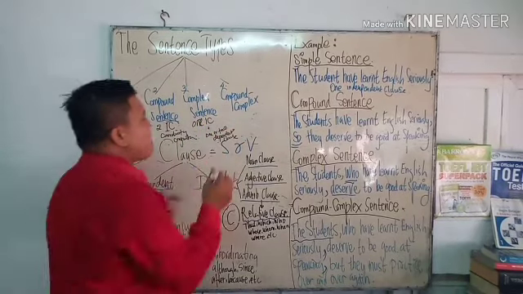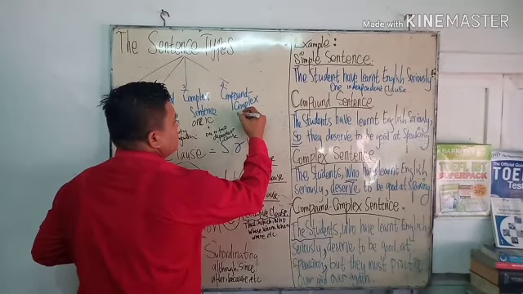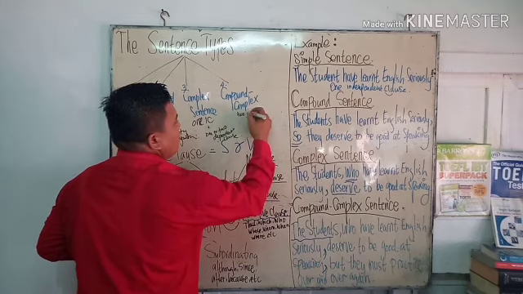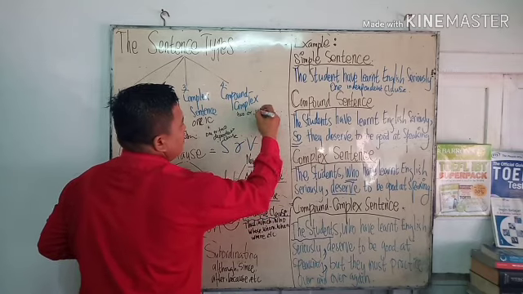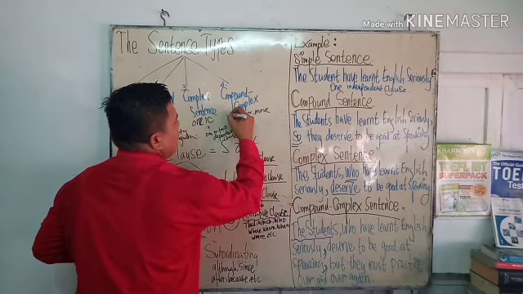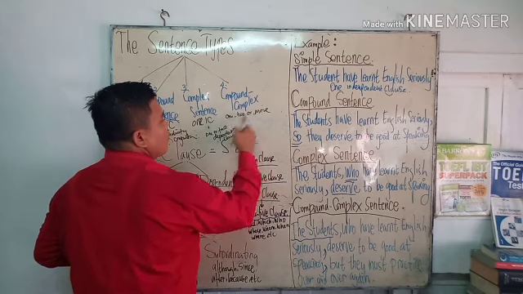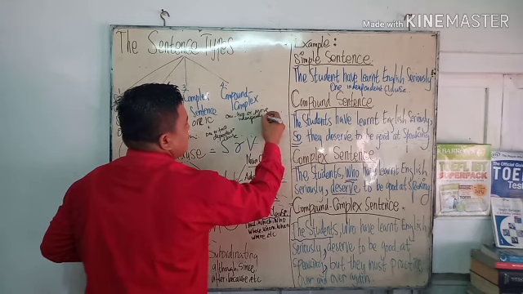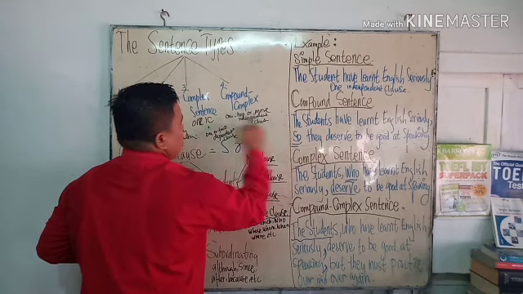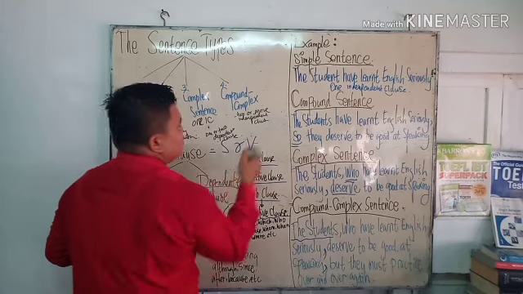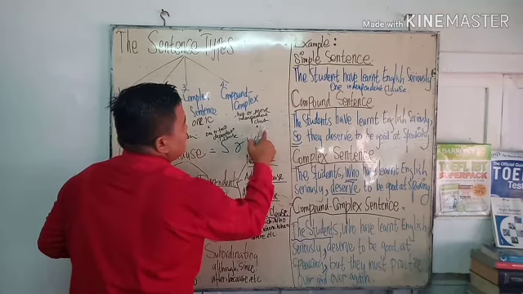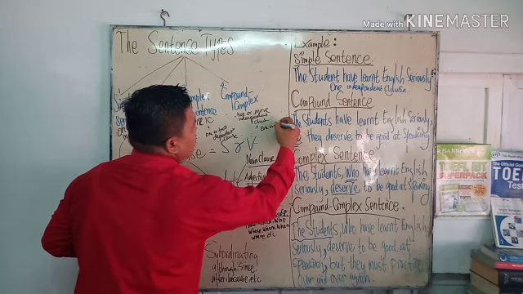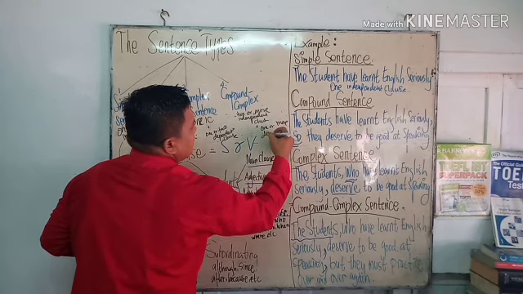The last is compound-complex: 2 or more independent clauses, plus 1 or 2 or more dependent clauses.